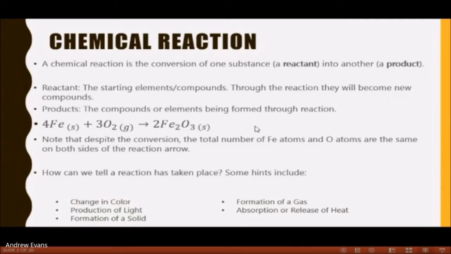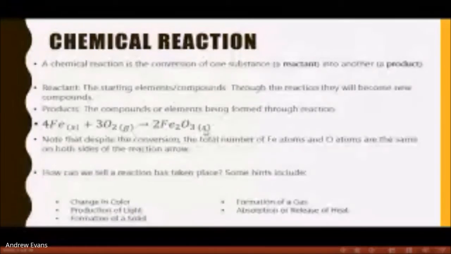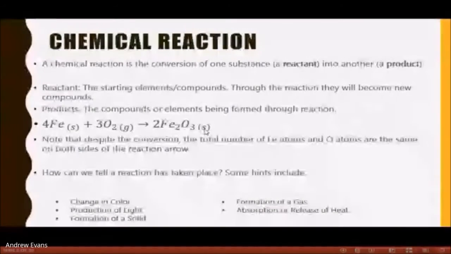We have 4 atoms of iron going to 2 iron oxides, but the iron oxide has 2 atoms of iron per compound, so 2 times 2 is 4. 3 molecules of diatomic oxygen means 6 oxygen atoms. 2 times 3 for the iron oxides is 6 oxygen atoms. So on left and right, the total atoms of each type should be balanced.